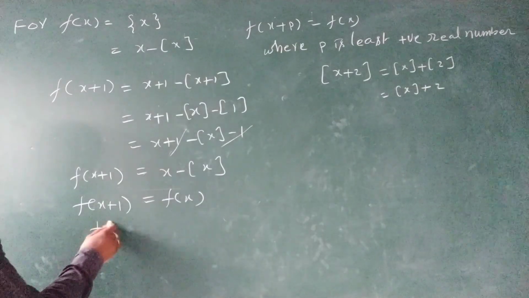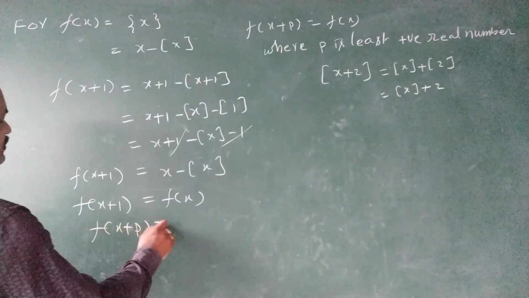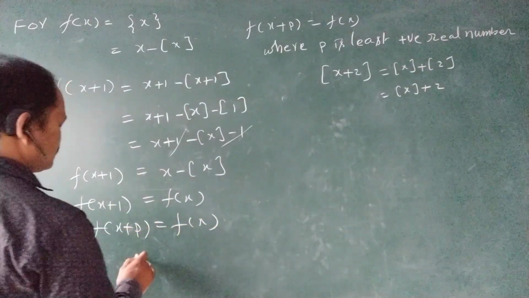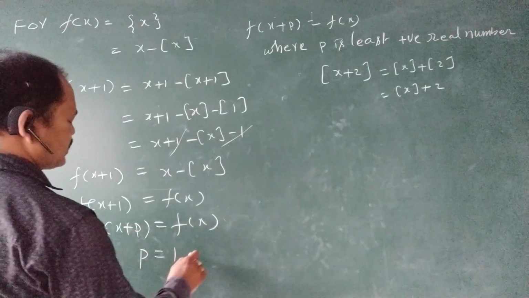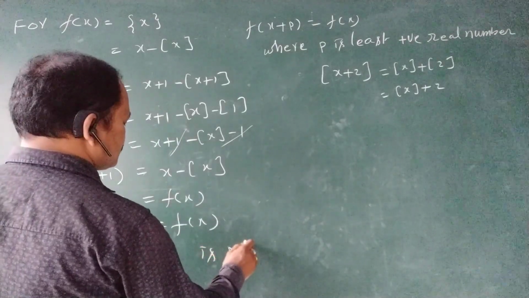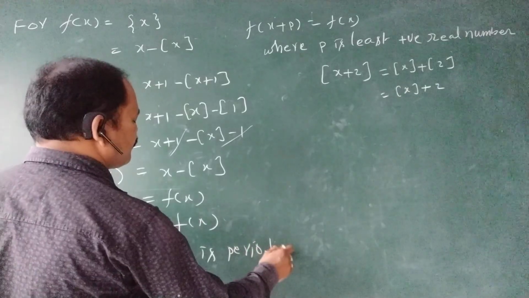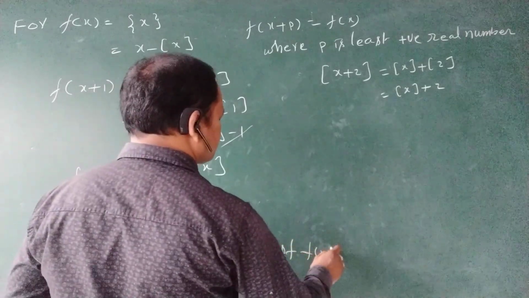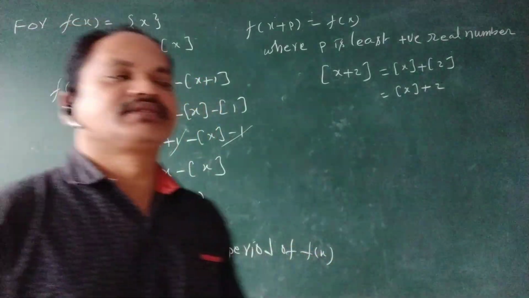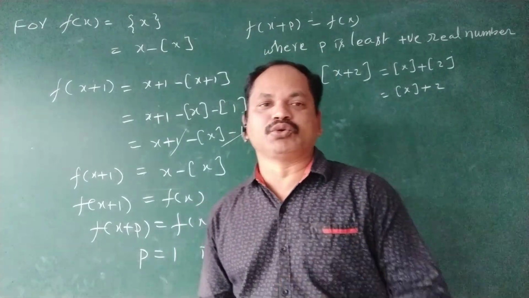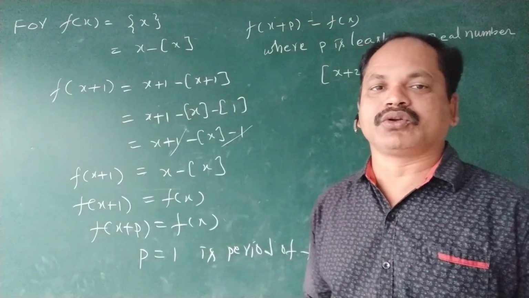We will compare it with f of x plus p is equal to f of x, where p equal to 1 is a period of f of x. Similarly for 2, 3, 4 like this.